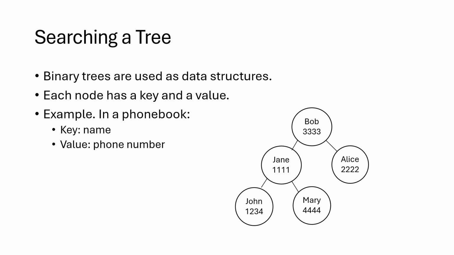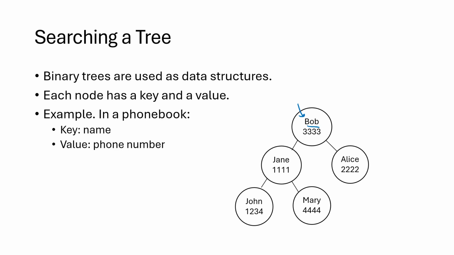Now, how it's done is not the topic of this module here, and in a data structure module that will be discussed in detail. But the idea here is that at every node we have a key. Now, for example, if the data that you're storing is a phone book, so you have names and corresponding phone numbers, then at each vertex, at each node, we have those two things.